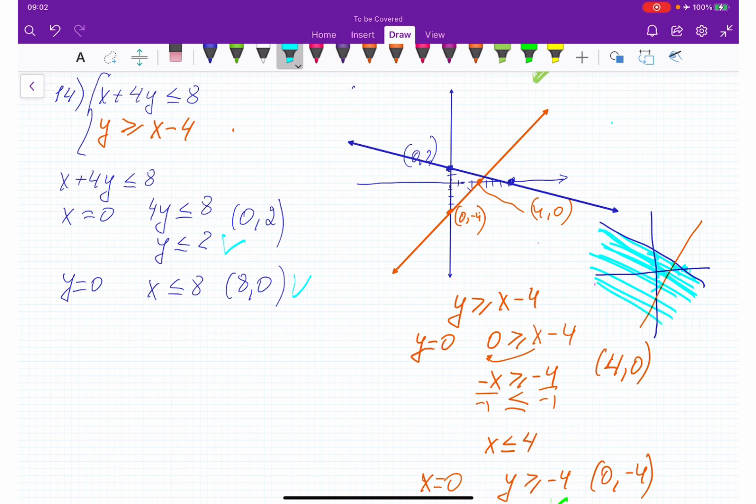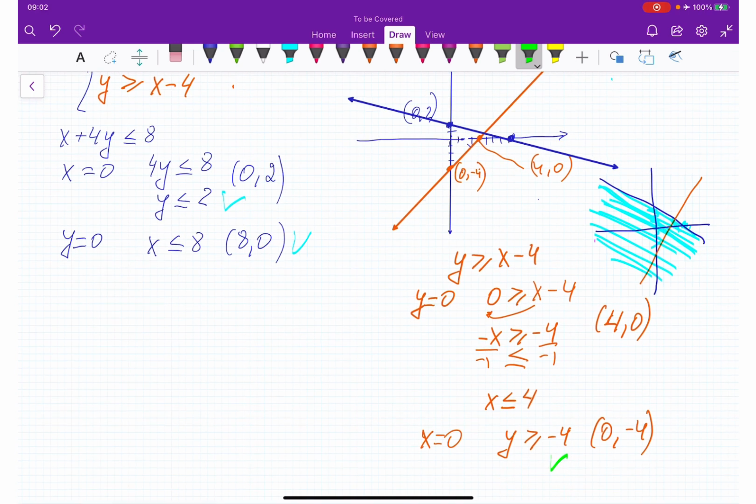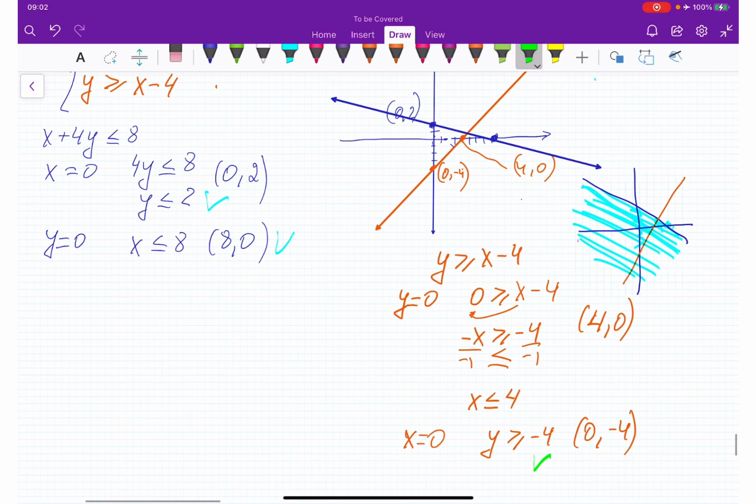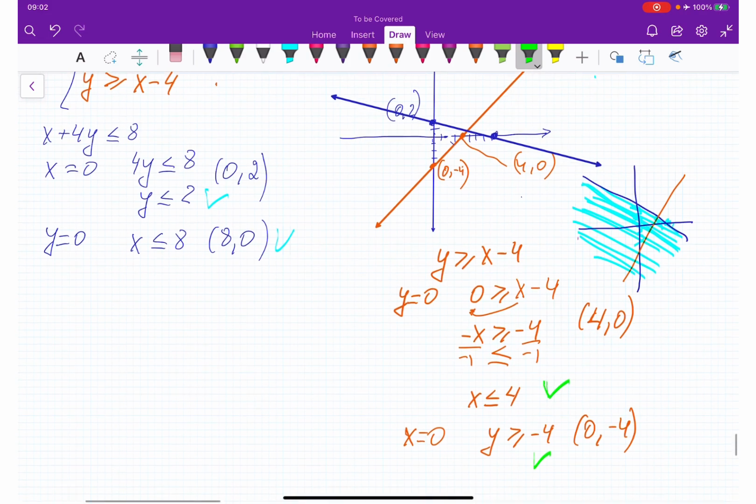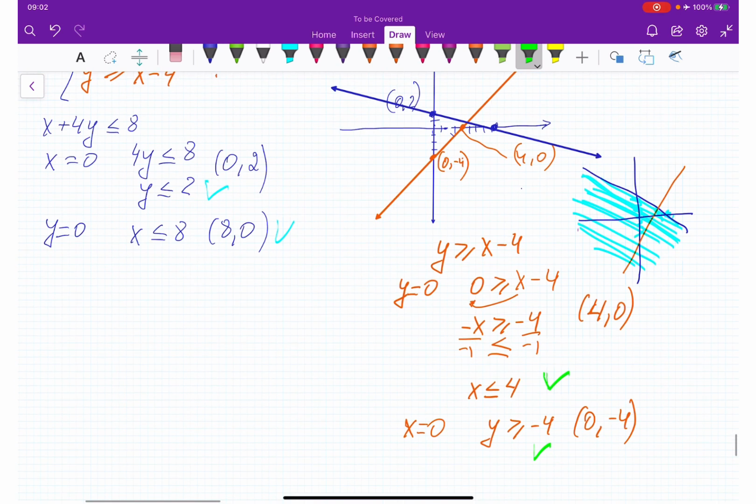Okay. Next, we are taking, let's say, green color. Our second equation, x is less than or equal to 4. Okay, this is our 4, less than or equal to 4. Yes. And y is greater than or equal to negative 4. This is our negative 4, right?